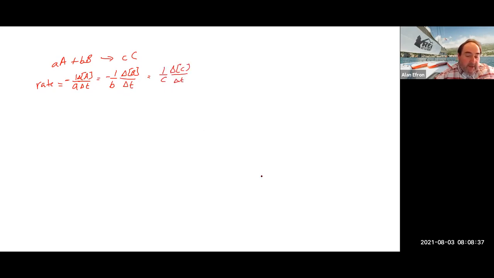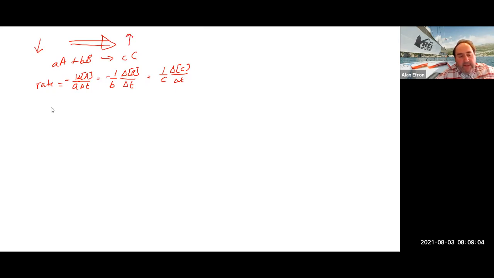Now, a couple of things that we talked about are important in terms of signs and what's going on here. First off, these reactions are pretty much assumed to be heading from reactants to products. So we can safely assume that as time goes on, our reactants should be decreasing with time and our products' concentration should be increasing with time.